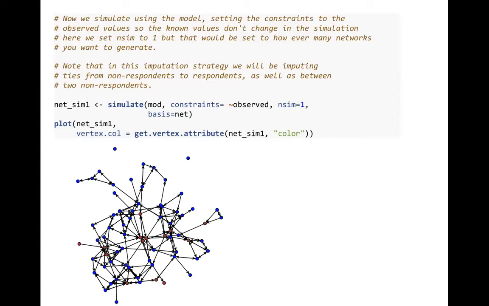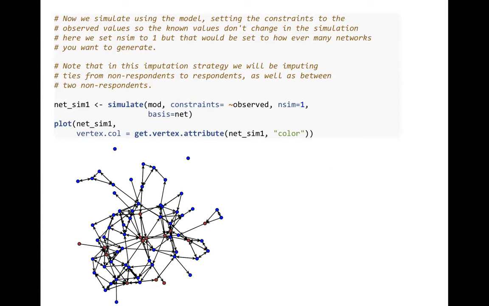And we're going to use the simulate command. We take mod, the estimated model from the previous slide, and use the simulate command with basis equals net. That tells us we're going to start with the network with the missing data as the starting base. We're going to do one simulation, that's nsim equals 1.